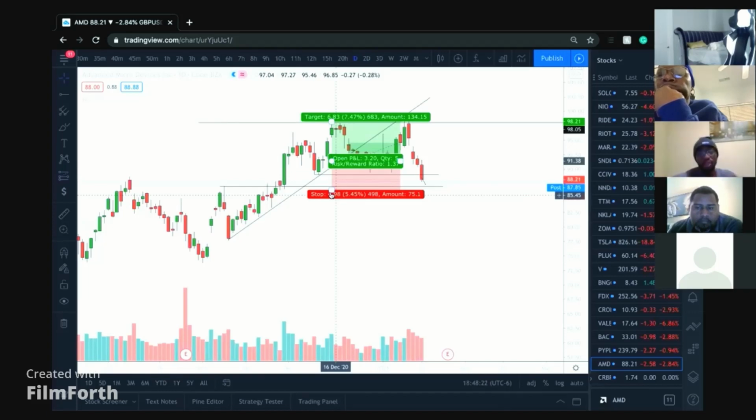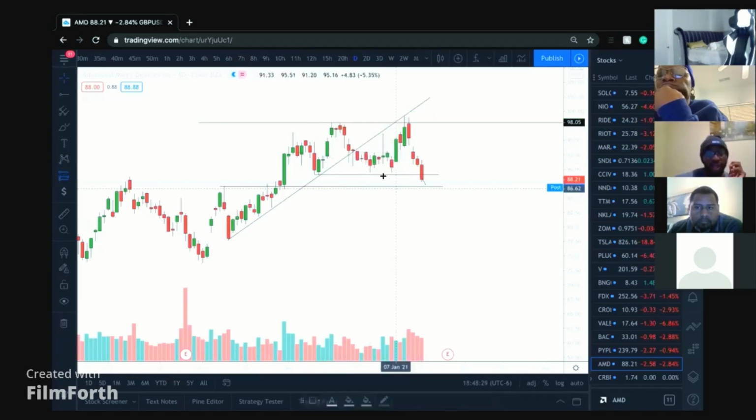And of course, it all depends on how much you're also risking in terms of just your setup. So in that particular aspect, that is what he's basically getting at in terms of where you enter, because you can enter wherever you want. It just depends on where you're putting your stop loss.